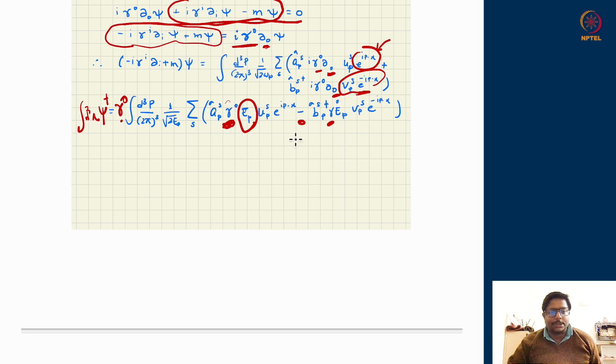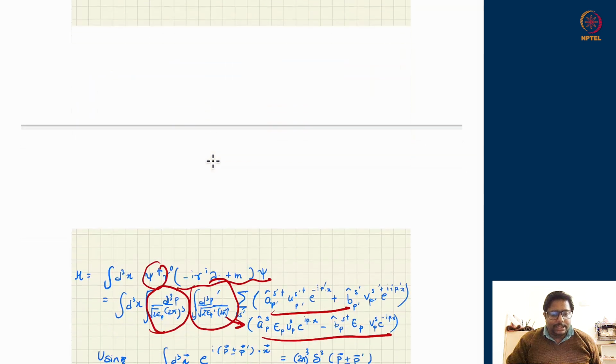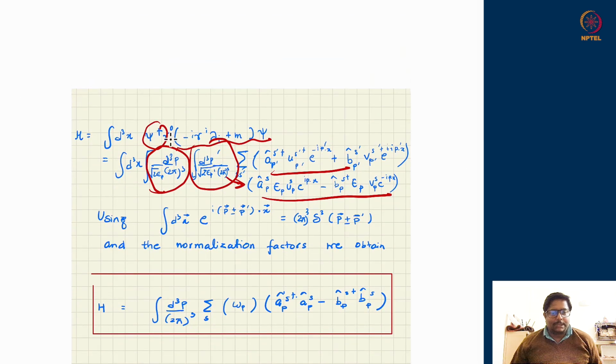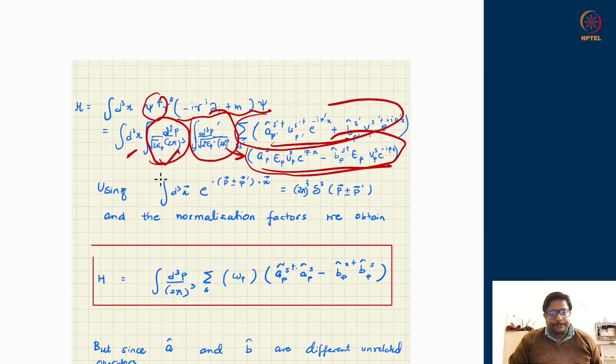So I get rid of gamma naught in the Hamiltonian immediately. All I am left to do is just multiply a psi dagger and take out the gamma naught. So the psi dagger multiplication will give me this and a d3p integral, and the action of this whole operator was this term with a sign difference with another d3p integral, and at the end of the day I have to do the d3x integral to obtain the full Hamiltonian.